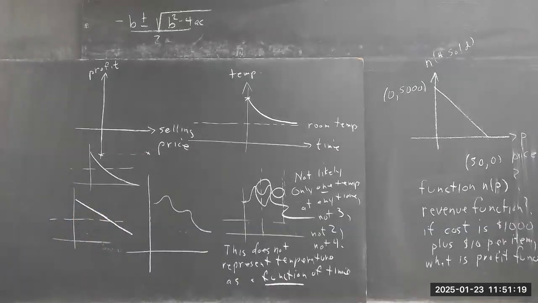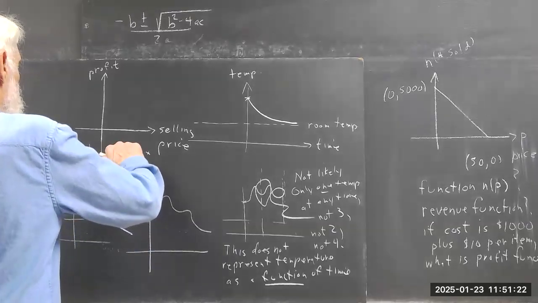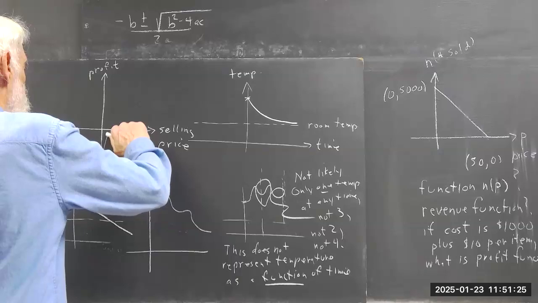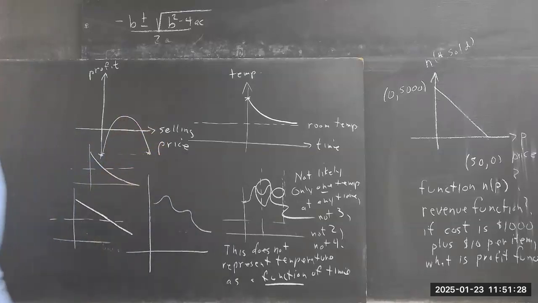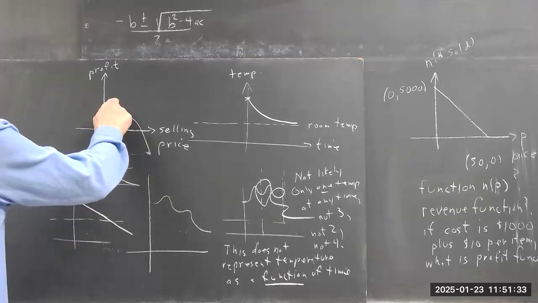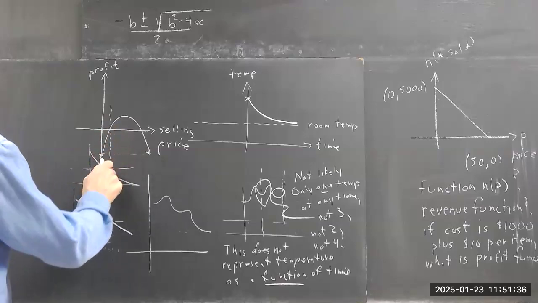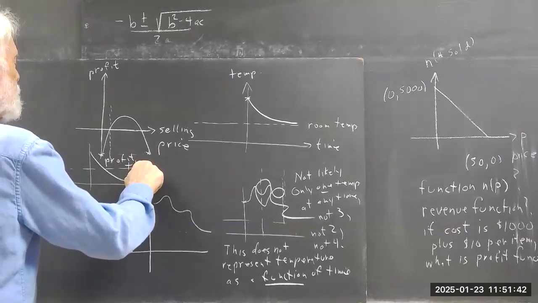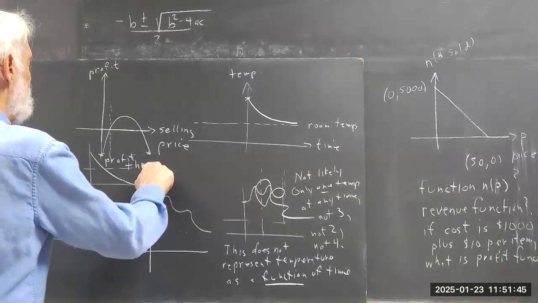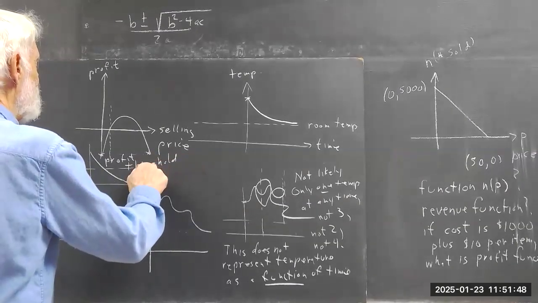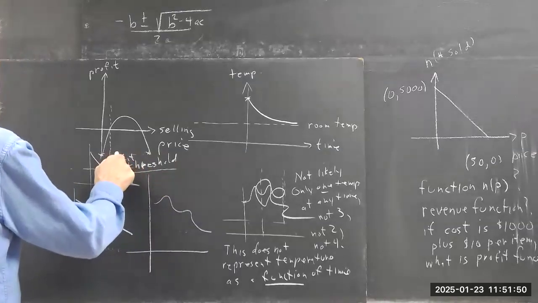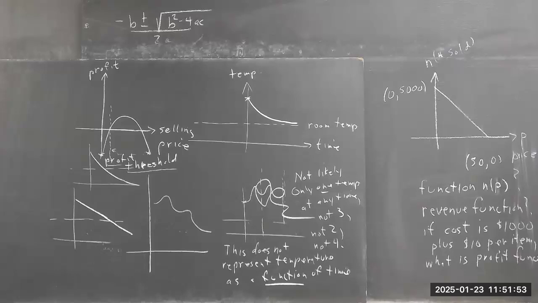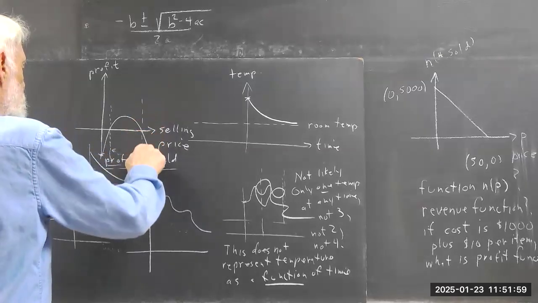Now there's some point in between here where you make a profit. Right here is the selling price. They call this profit threshold, and we could call this another profit threshold.